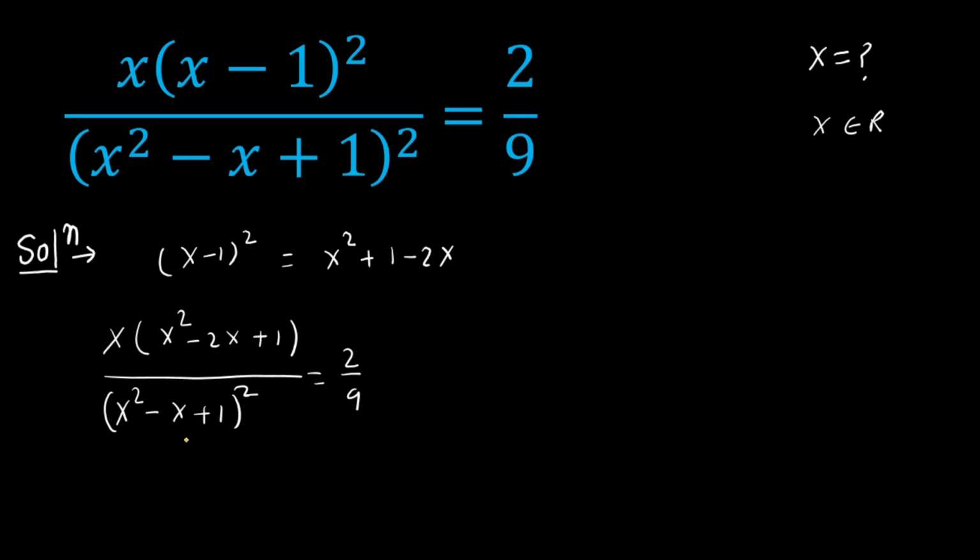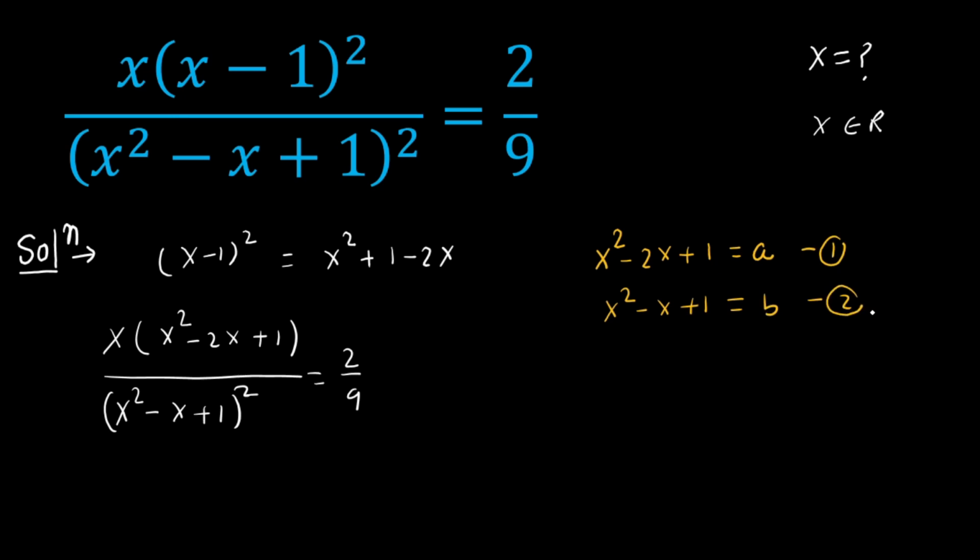Now substitute x square minus 2x plus 1 equal to a, and x square minus x plus 1 equal to b. Let us consider this equation number first and this equation number second.